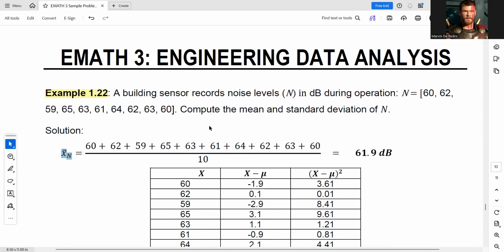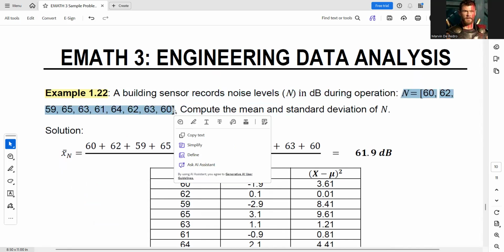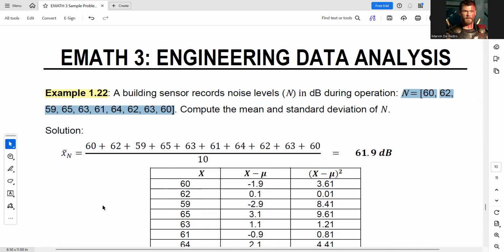This is a population because it was not mentioned that this is only a portion of a certain population. So meaning this is all. This is complete already. It's not a portion only.